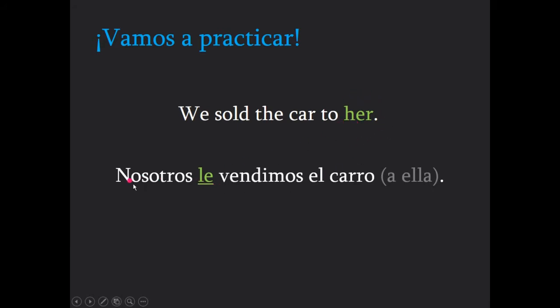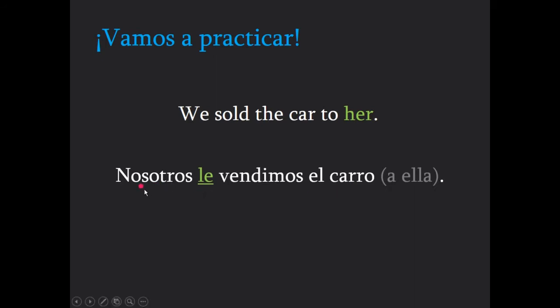But if I just said, nosotros le vendimos el carro, and didn't add anything else on the end, without context, there would be no way to know whether I was saying we sold the car to him, to her, or to you. So if the question was asked, did you sell the car to her?